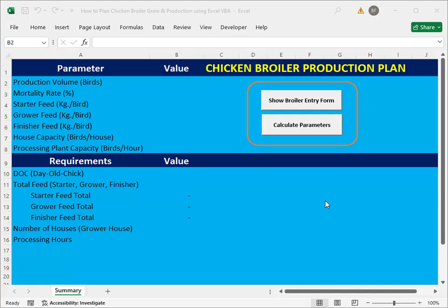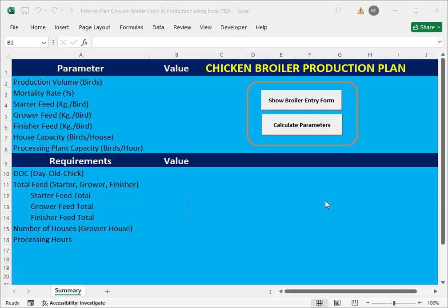Like, for example, are you growing it in Asia, in Europe, in the Americas, or in the Middle East? So the climate, the temperature or the humidity will play a big factor in the growing of the birds and in being able to minimize the mortality of the bird.